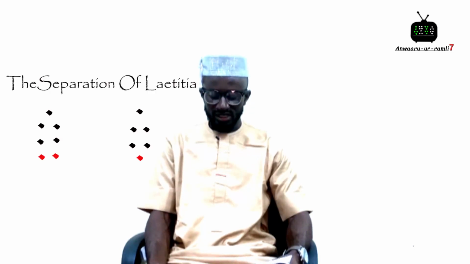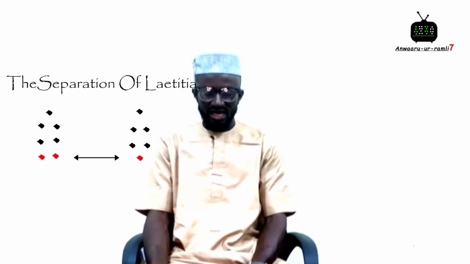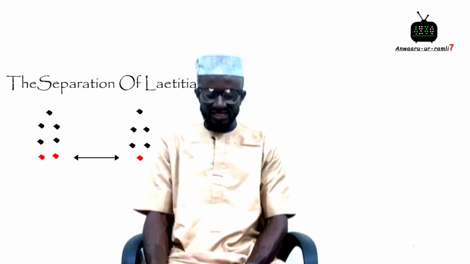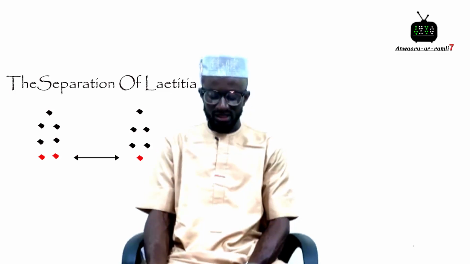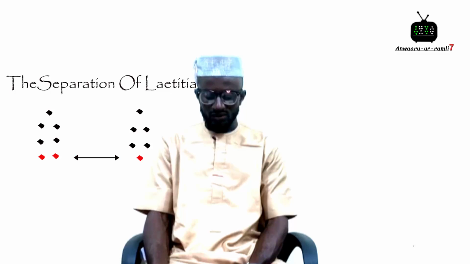Taking Letitia as our second example, the separation of Letitia is Cauda Draconis. Because Letitia is having two dots as its land element. Two dots means closed element. Therefore, you open it. If you open it, it will change to Cauda Draconis. Our third example is Cauda Draconis.